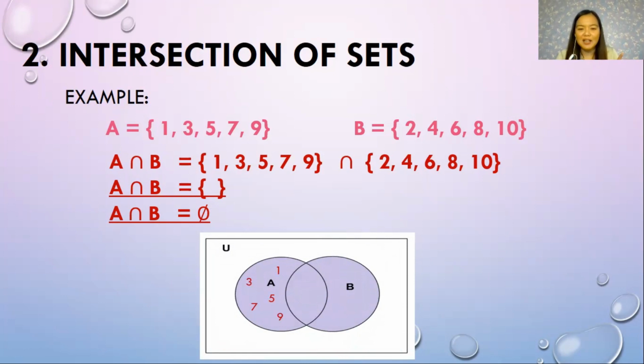Wala tayong linagay dito sa gitna kasi wala naman talaga. Kasi yung nakuha natin is a null set. So, walang nasa loob ng A intersection B. So, ilagay naman natin yung mga elements sa B. We have 2, 4, 6, 8, and 10.